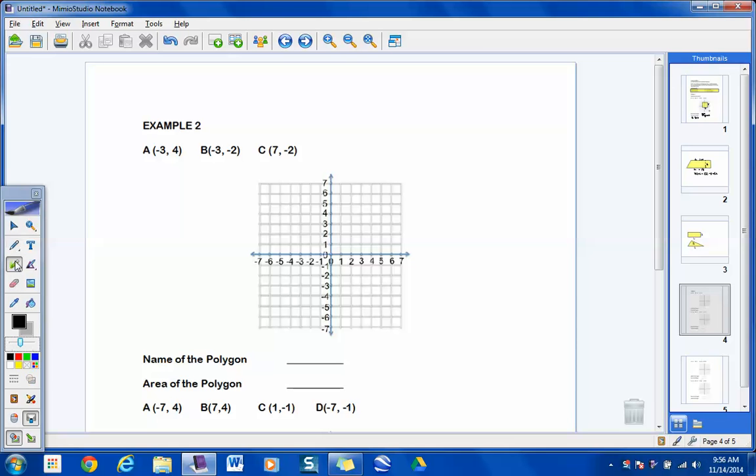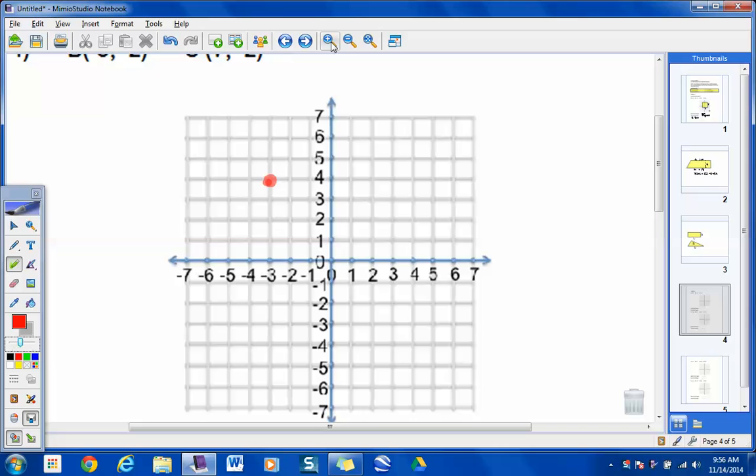My first point looks like -3, 4. So describe how I would get there. Left 3 and up 4, you said, Mariah? Yeah. Okay, right here. Let's zoom in again so I can get that.